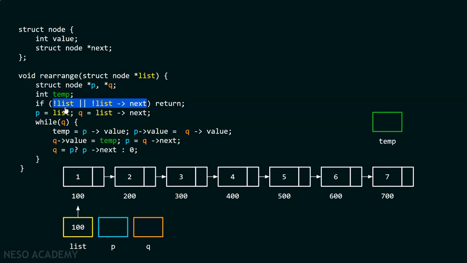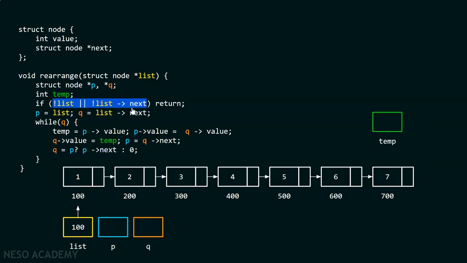This will be treated as true. Not true means false. So this becomes false. What is list next? We know list next is 200, so we can replace this by 200. Not of 200 becomes false because 200 will be treated as true, and not of true means false. So false or false gives false. So this condition is not satisfied, so return will not get evaluated.